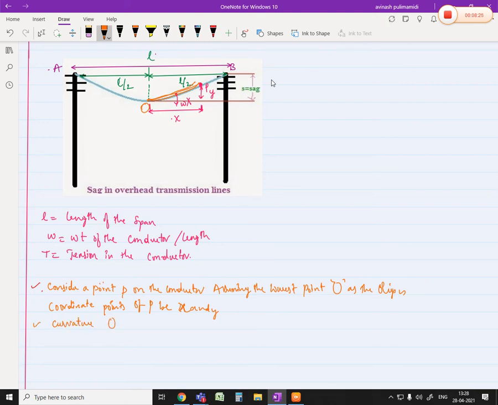The curvature OP is very small, and hence it is equal to the horizontal length. Therefore OP is nothing but X. Remember this point.